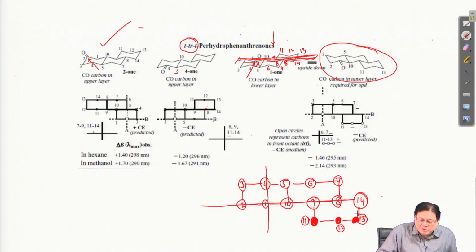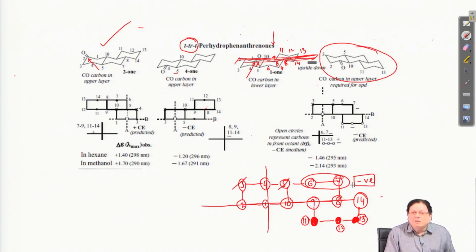If that is the situation, then 3 can cross out 5, as they are in mirror image positions. However, 6 and 7 contribute because they are in the rear octants, upper right, and they contribute in the negative sense.